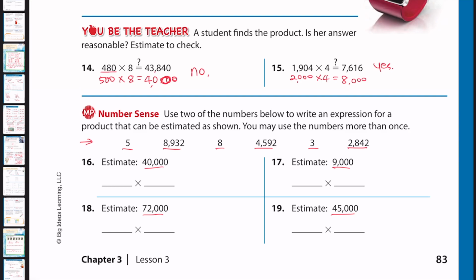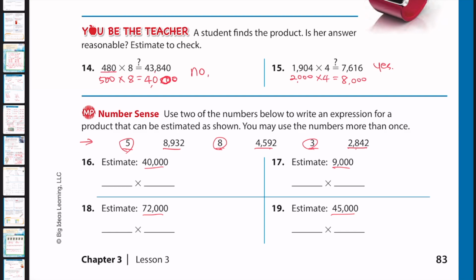So the estimate is 40,000. So now we can find out what makes 40 first, right? So for example, we have 5, 8, and 3. So 5 times what big numbers can make 40,000, or 8, or even 3.